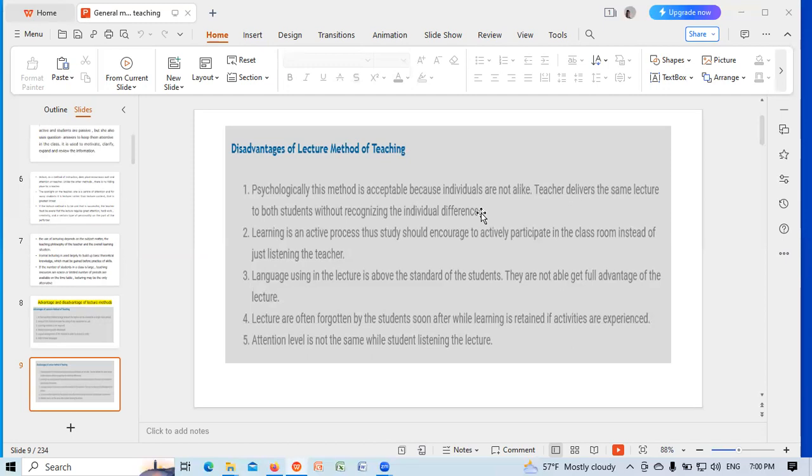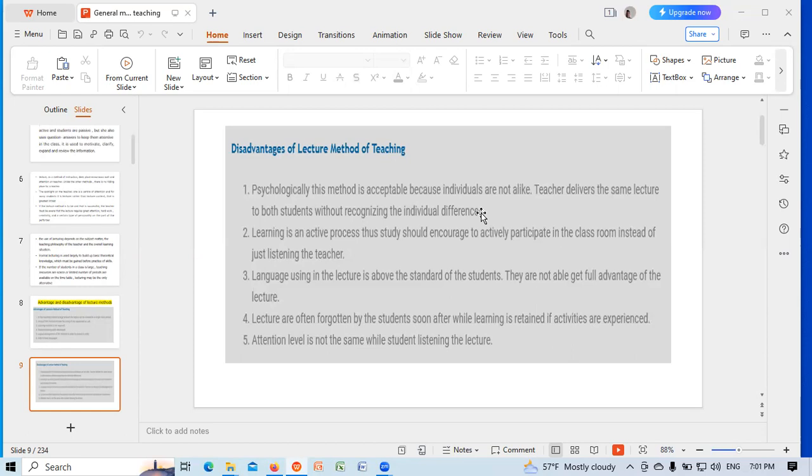Learning is an active process, and students should be encouraged to actively participate in the classroom instead of just listening to the teacher. In the class, the students or participants are just listening. If the language used in the lecture is more advanced or above the standard of the students, they are not able to get the full advantage of the lecture.